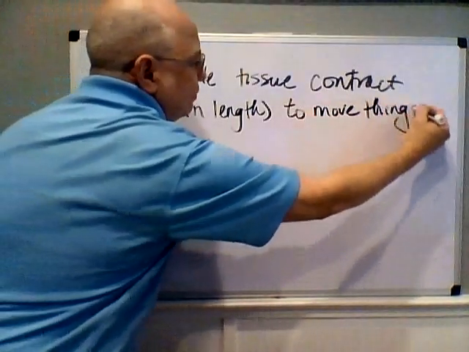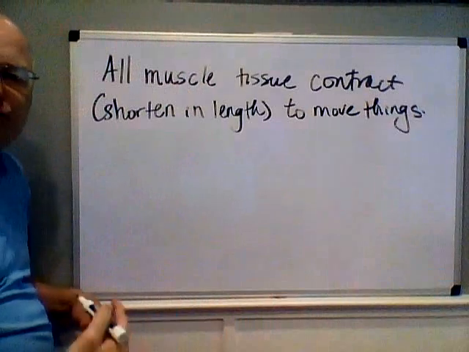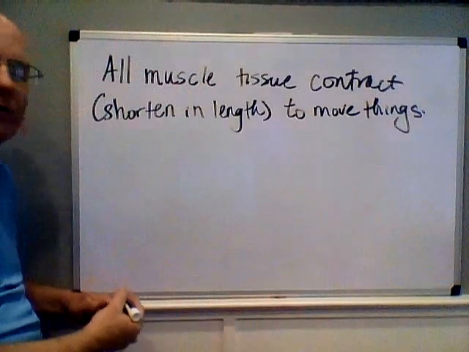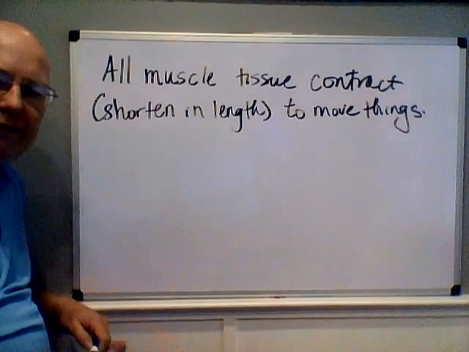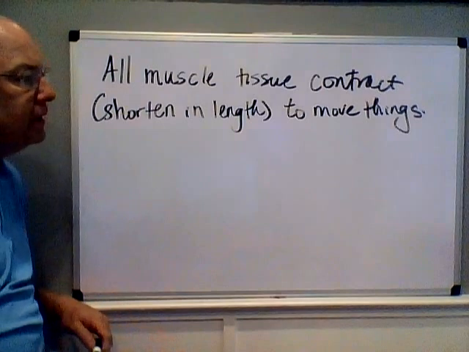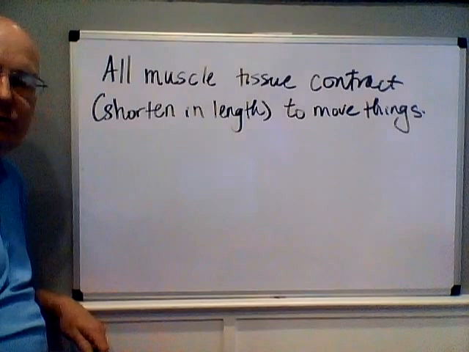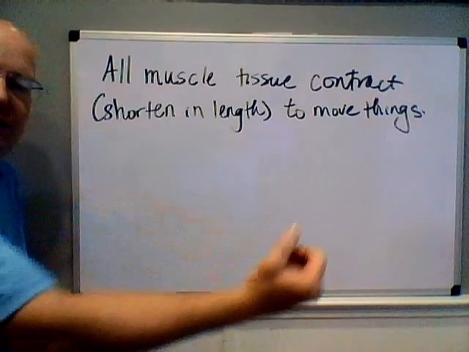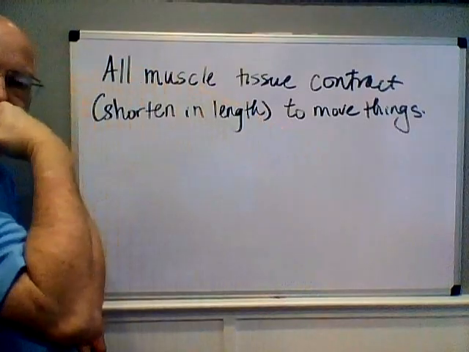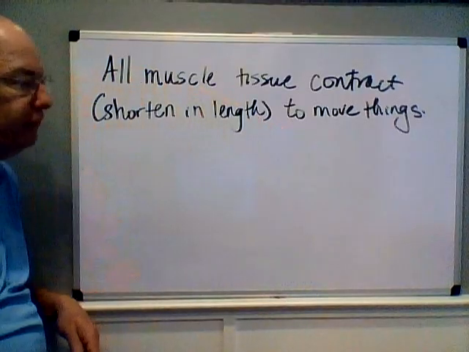Now that's not really the perfect technical definition. As you can see, it's somewhat of a technical definition combined with the way that I try to view the world. I have to simplify stuff. I'm not that smart. But this is what muscle tissue does. Muscle tissue never lengthens and pushes on stuff. It will contract and shorten and pull on things like bones and other stuff.